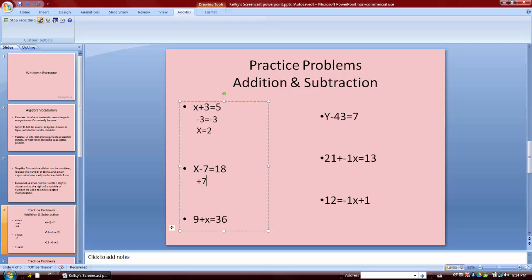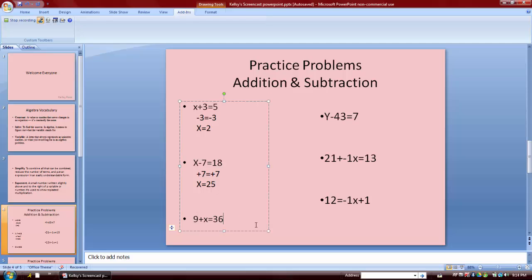So your 7's would cancel out, and then you would add 7 to this side too. So negative 7 plus 7 would equal 0. So all you have is x, and then x would equal 25, because 18 plus 7 equals 25.